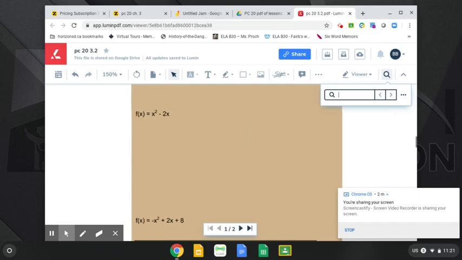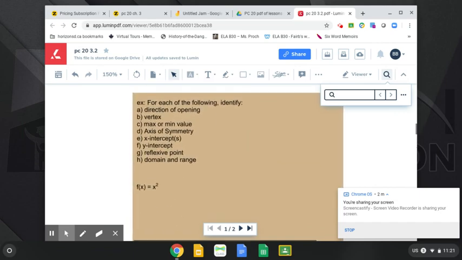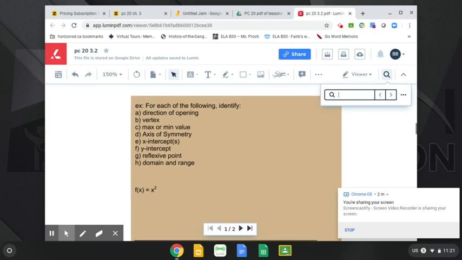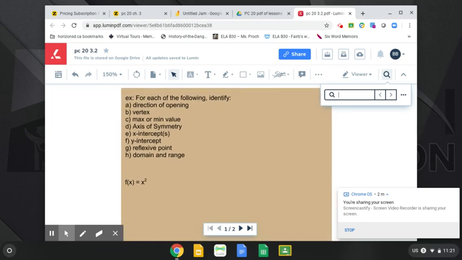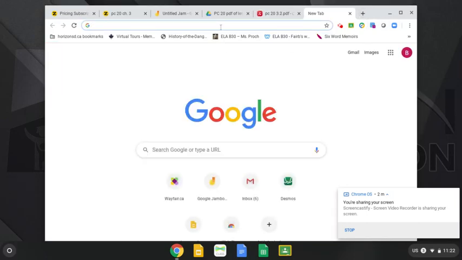Okay, so for these first couple questions, we can just take the equation, put it in Desmos, and then find all of these things, from A to H. Starting with f of x equals x squared, let's go into Desmos, type that in there, and then we'll be able to find all of those things.